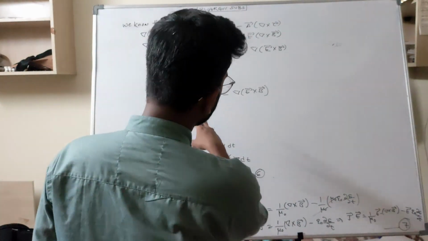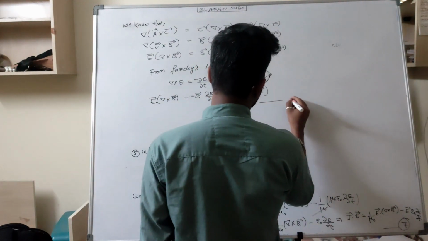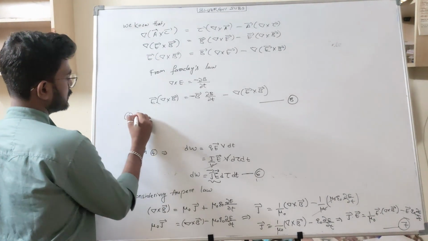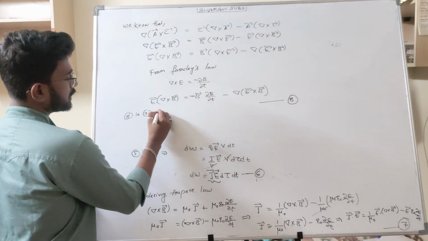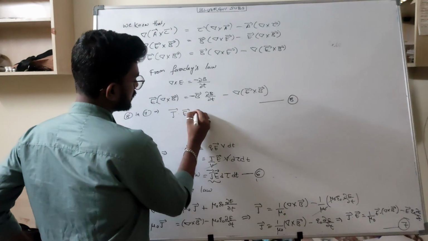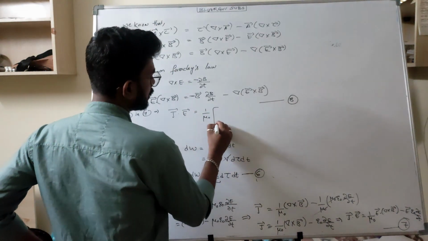Now I will substitute this formula in that equation, in equation 7. Let us consider this as equation 8. Okay, so 8 in 7. So what I will get? That value J bar dot E bar is equal to 1 by mu naught. So what I got that value?